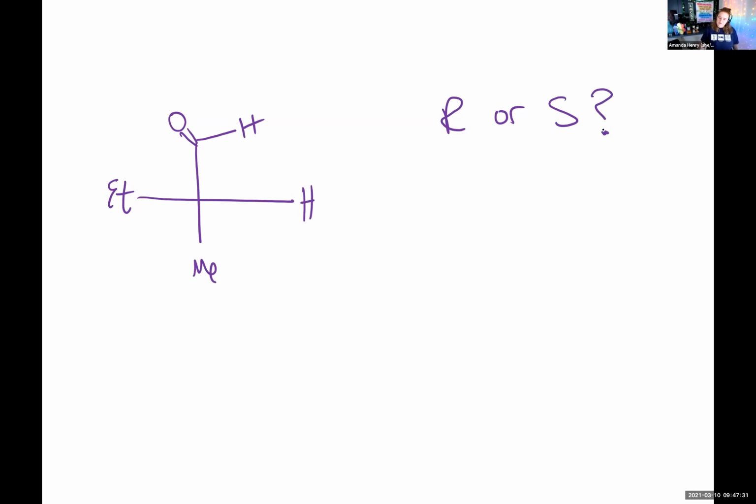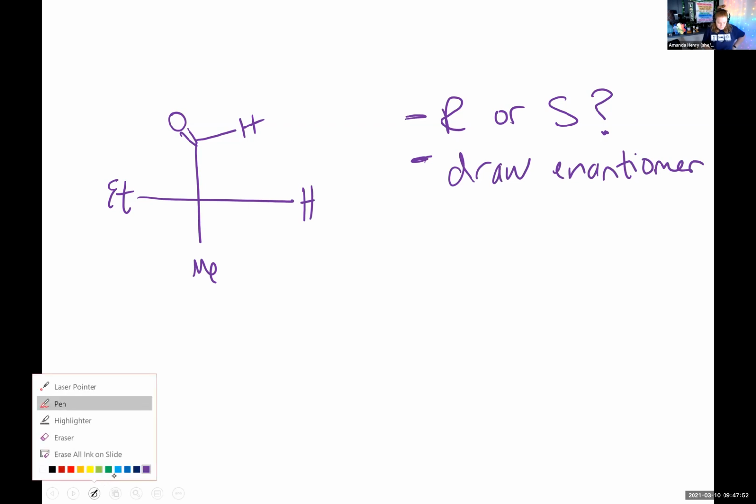Is this the R or the S enantiomer? So we have to be able to do that with Fischer projections. So we're going to figure that out. And then the second part of this question is going to be to draw the enantiomer. Both of these things are going to be easier than what they might appear to be.